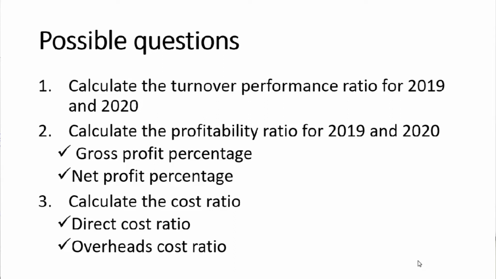The last question is to calculate the cost ratio, which is the direct cost ratio and the overhead cost ratio. So we are going to compare these 2 years to check the performance of the business.